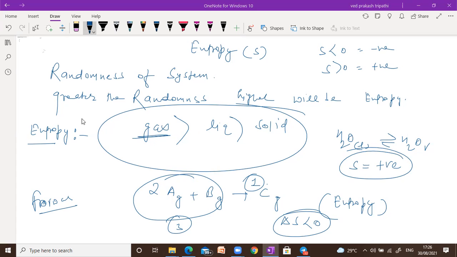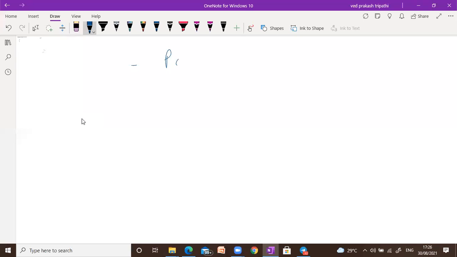What about this reaction? PCl5 breaks into PCl3 plus Cl2. What is the sign of delta H as well as delta S? Enthalpy, entropy, both.